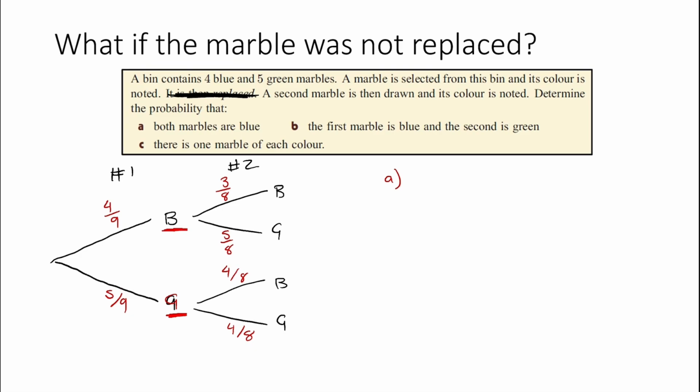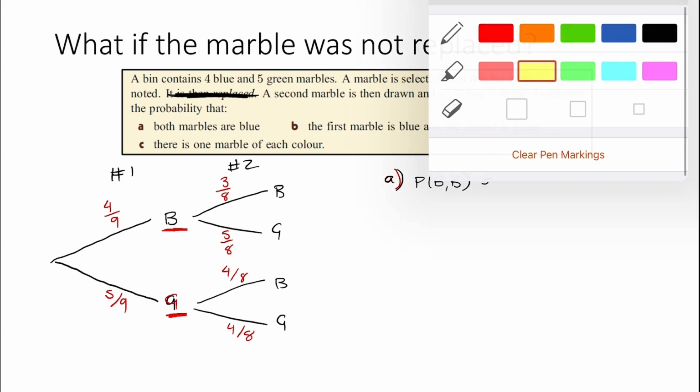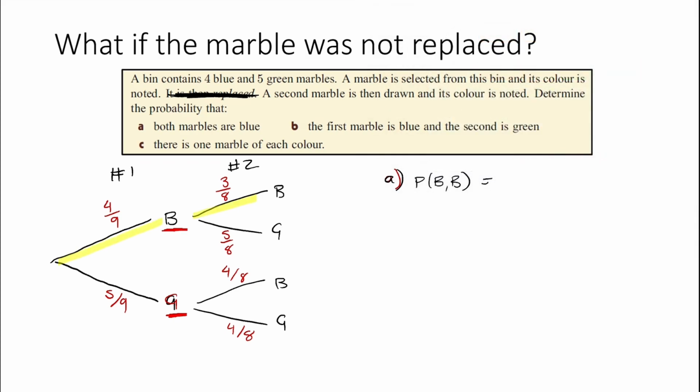Okay. So if I was working out these problems again, the probability of both of them being blue is going to change, because now looking at that pathway of drawing a blue and then another blue, it's going to be 4 over 9 multiplied by 3 over 8, which is going to give me 12 over 72.